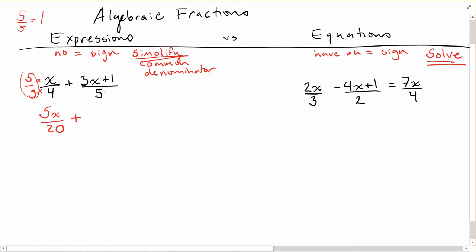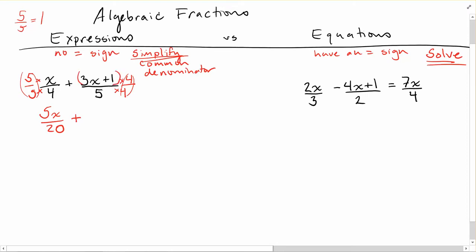And my next side of the expression here, I need to think, what do I need to times 5 by to get to 20? And again, this time it's going to be 4. And I'm going to times the bottom by 4, which means I'm also going to times the top by 4, because timesing by the fraction 4 over 4 is the same thing as timesing by 1, I don't change it.